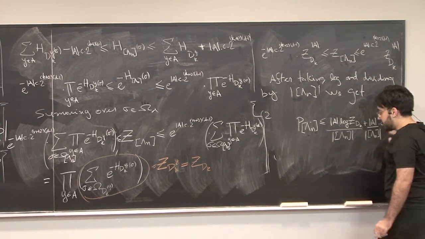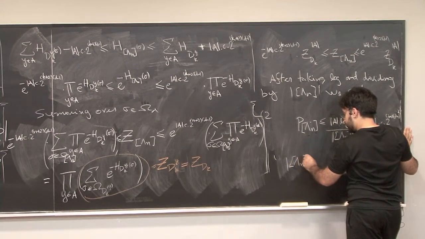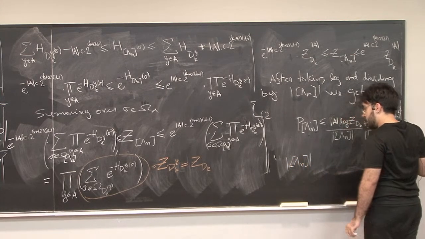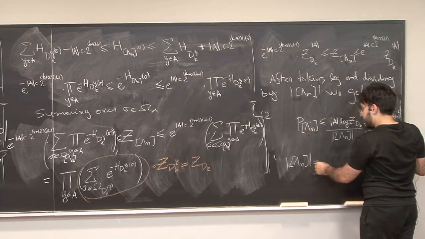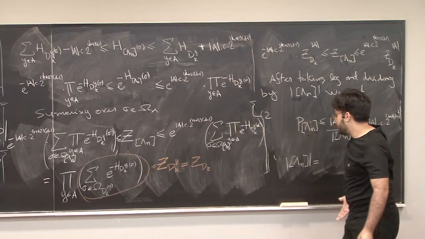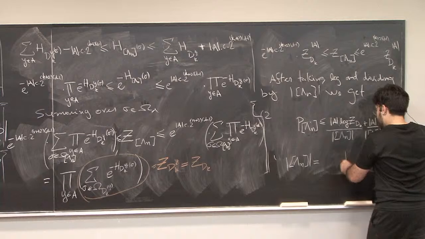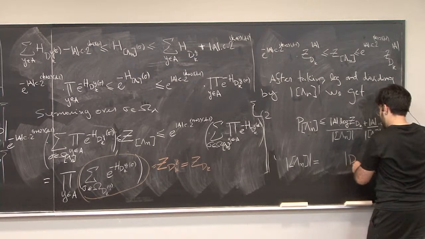So what is the size of lambda n? Well, the size of lambda n is the number of the cubes, because it's a union of disjoint cubes. So it's the number of cubes that I have times the size of the cubes.